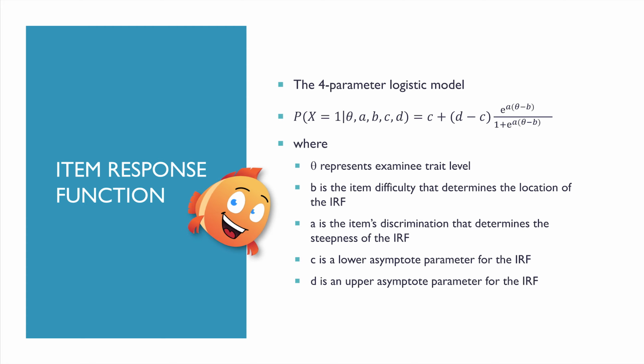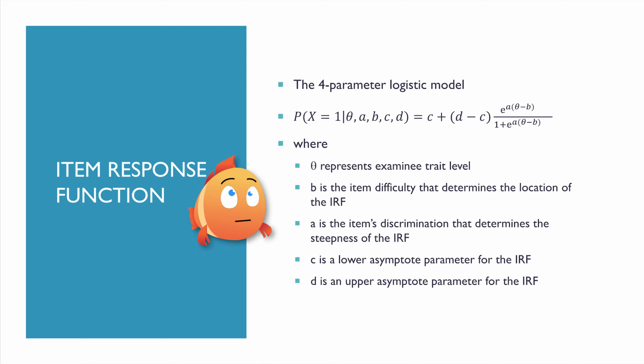Now, in order to model this, here are the pieces. We add the lower asymptotic parameter plus the difference between the upper asymptote and the lower asymptote.